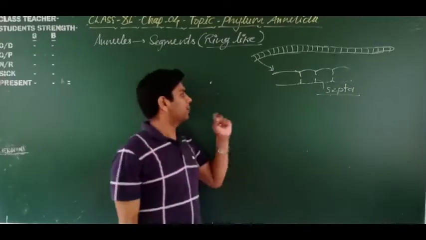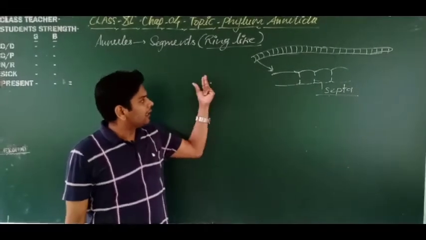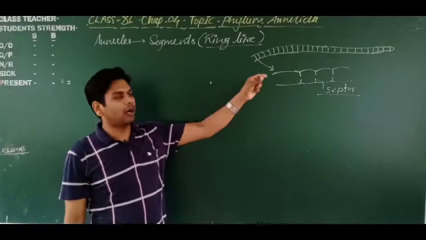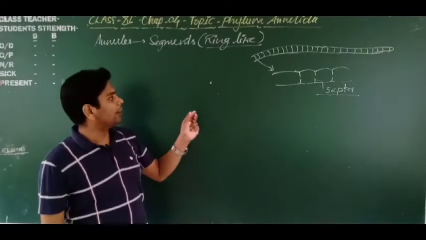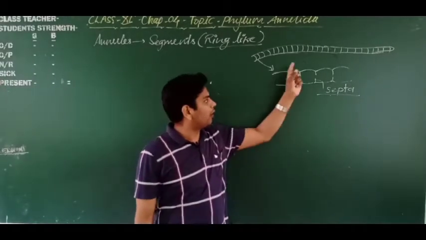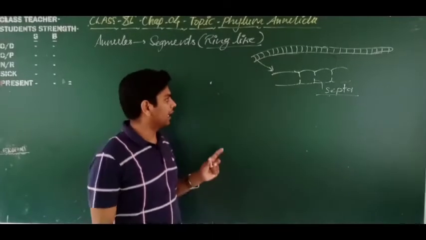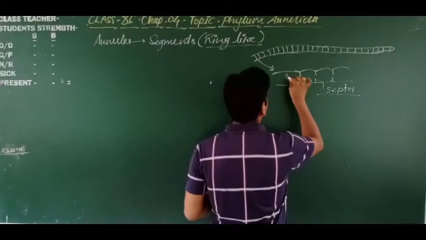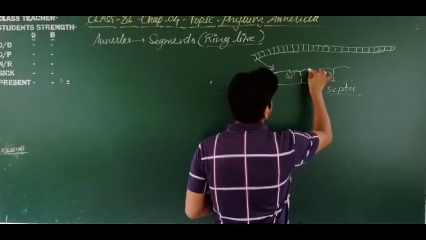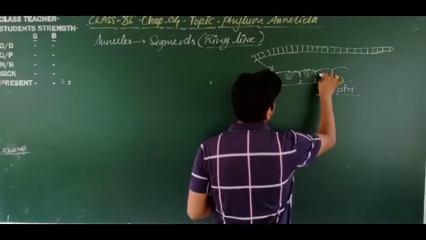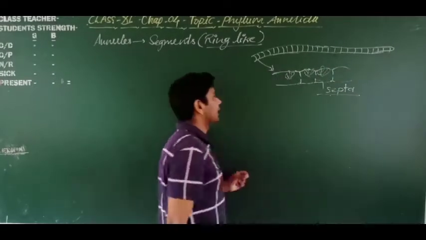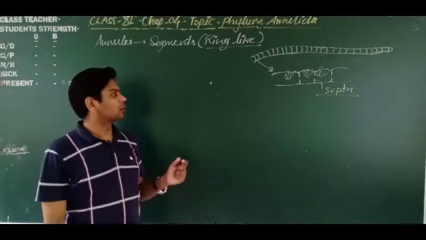So this is the septa, and this septation is present throughout the body of the earthworm, and each segment of the body has at least one organ. Here you are looking, the body nephridia are present. Nephridia are the structures which help in excretion.